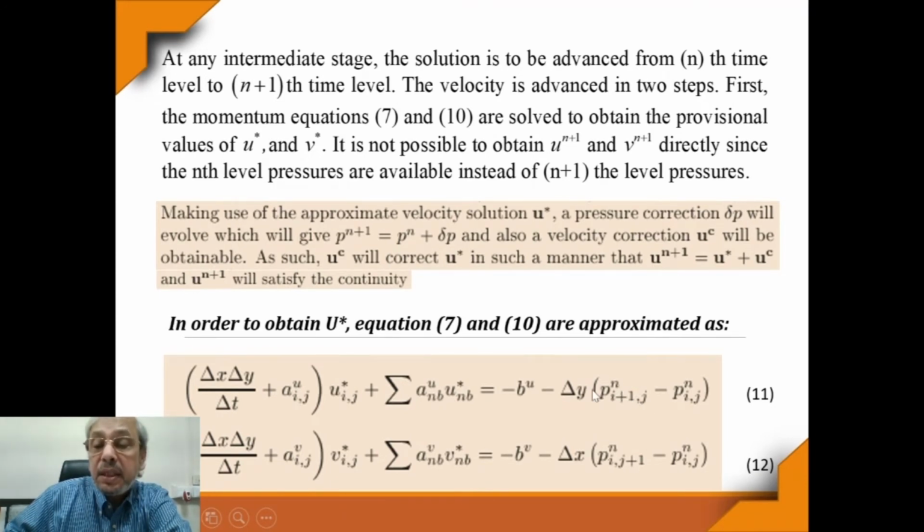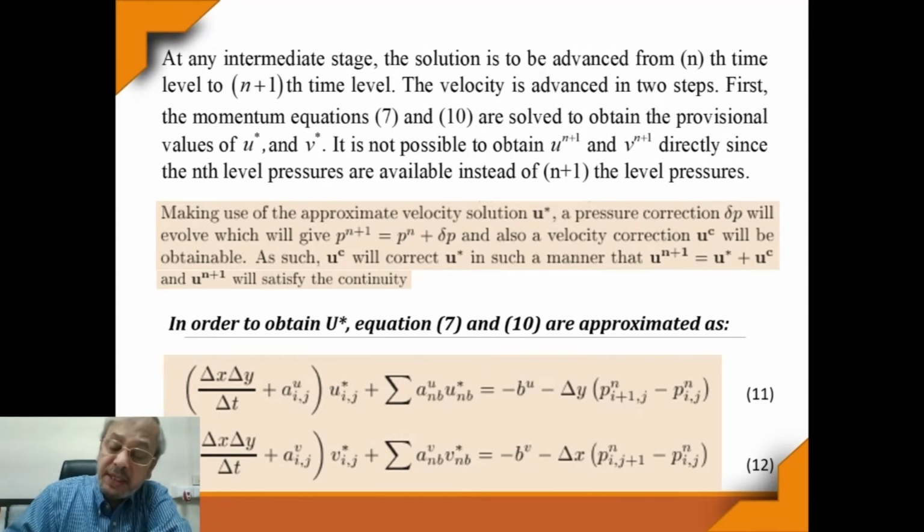And pressure will also be corrected by delta P at each pressure point, so that P ij, P i plus 1 j, P i minus 1 j, all these, instead of being defined at the level n, after adding delta P, will be at the level of n plus 1.